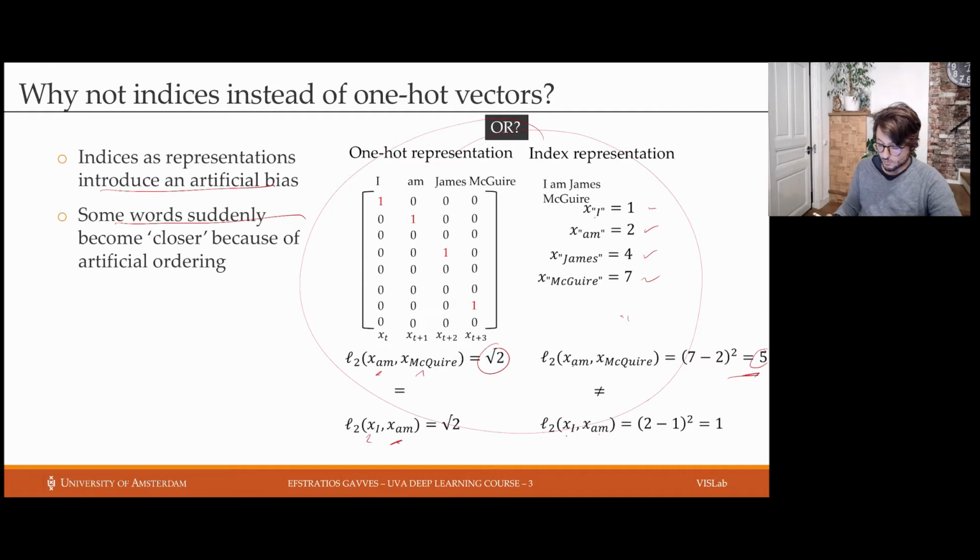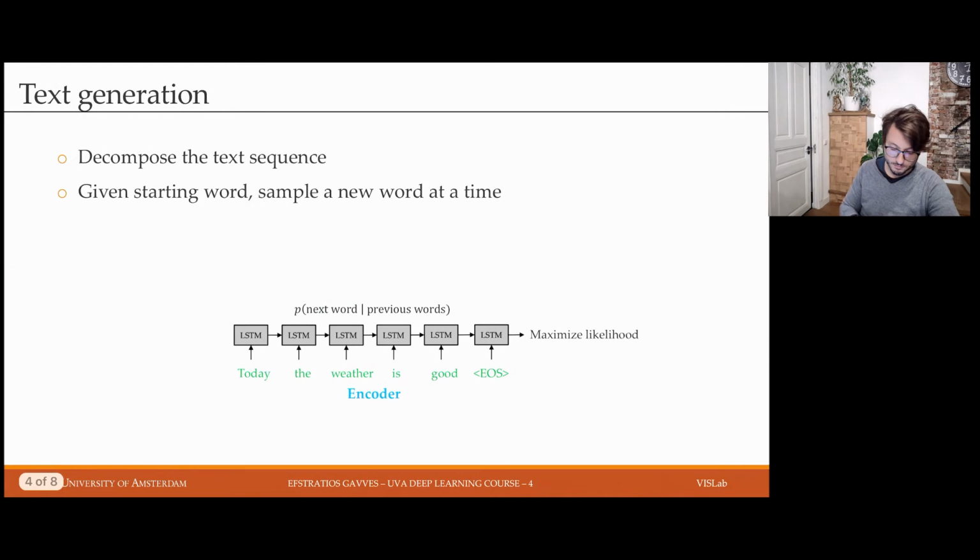Although having different distances is okay, and in fact that's what word embeddings like GloVe and word2vec do, we don't want to have artificial distances. There is no reason why am and Maguire should be 5 times further away than I and am, right? So we have to make sure that at least at the raw data level, our input representations are equidistant, and this is what we can achieve with one-hot vectors.